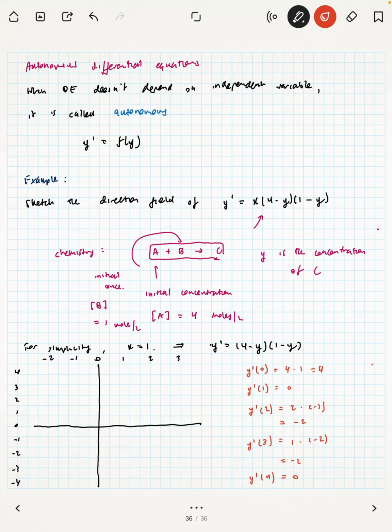And y prime of 4 is 0 again. So it looks like this. Not 0, 4. It's a pretty sharp, steep curve right there. At 1, it flattens out again. At 2, it's -2.